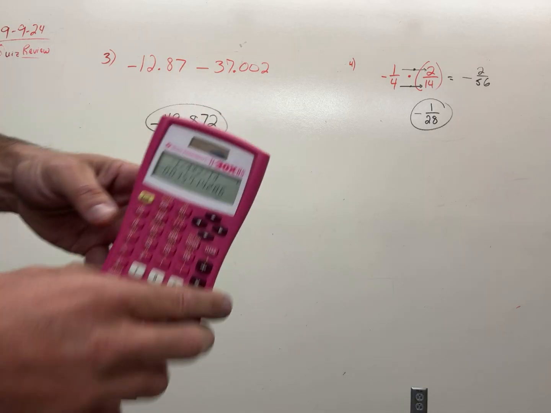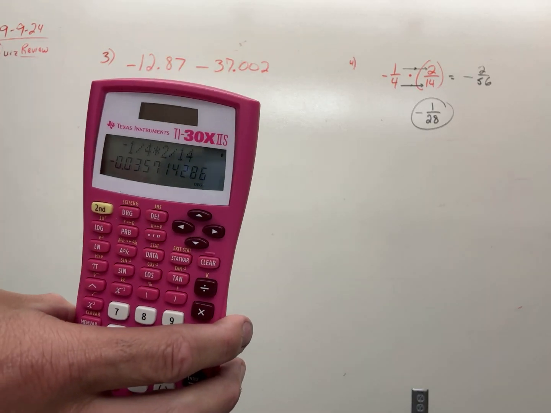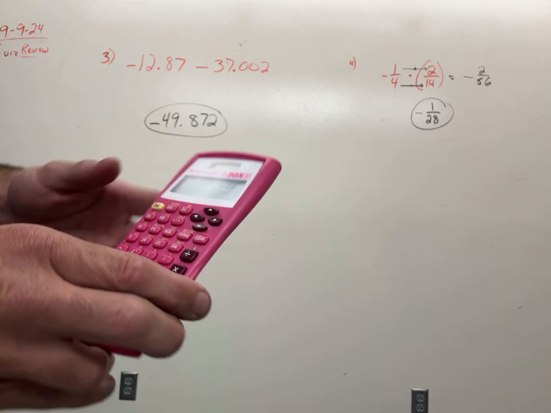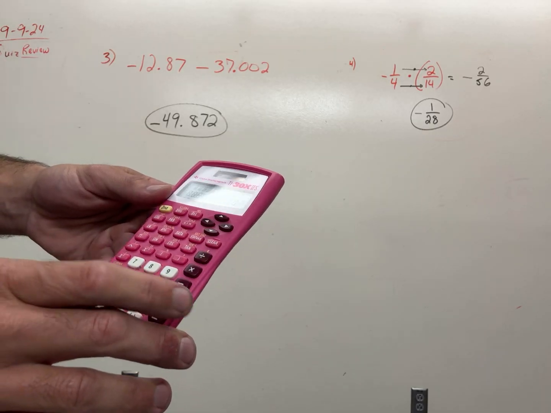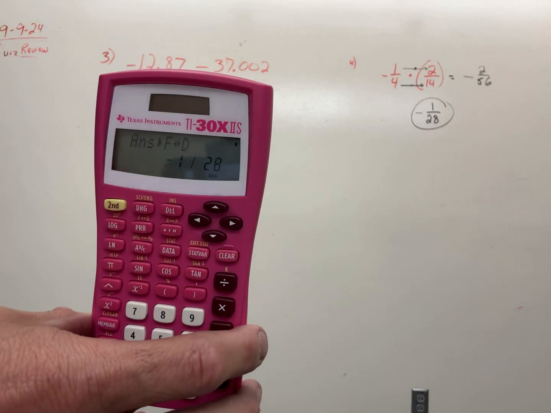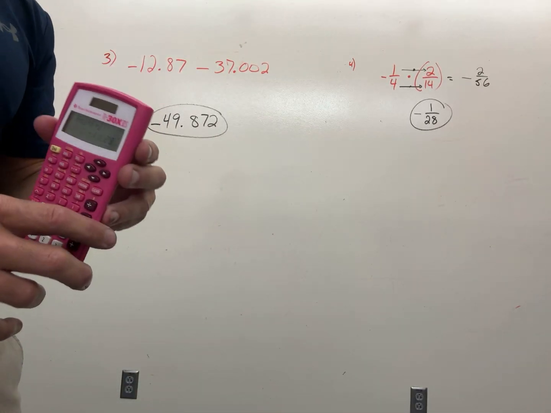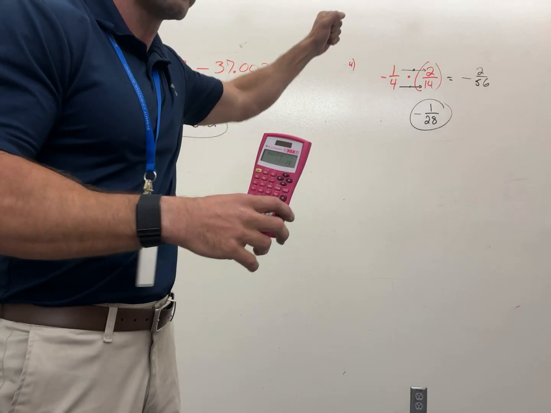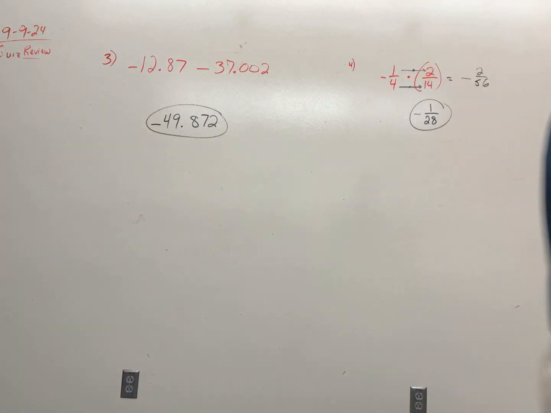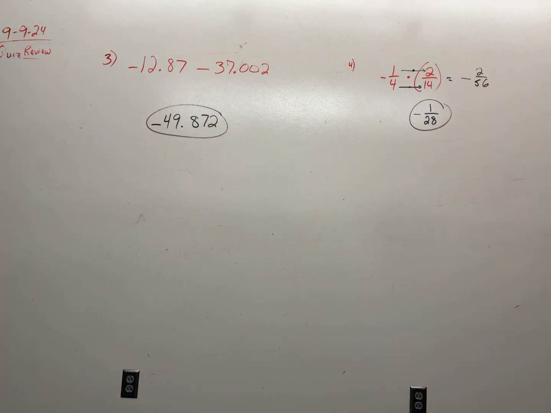I press equals and I get a decimal. Second PRB, press enter. And it still gives me the correct fraction. You can physically put in exactly what it says, -1/4 multiplied by 2/14. Your calculator does the work if you know how to put it in correctly. Are there questions on 3 and or 4?